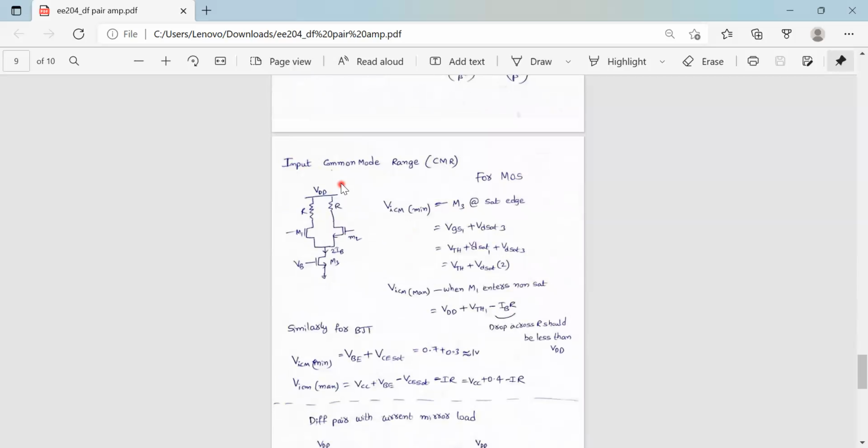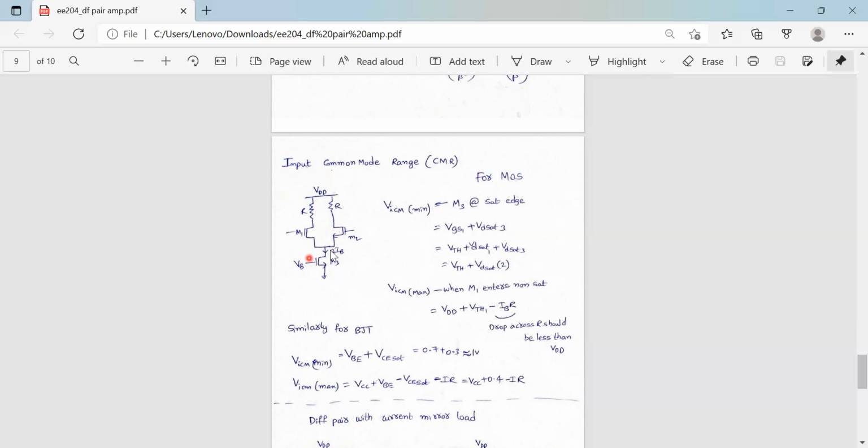The next concept is input common mode range. Can we give an input ranging from minus infinity to infinity, or ground zero to VDD? No, there are limits for giving VCM. The minimum VCM is taken when M3 is at the saturation edge.